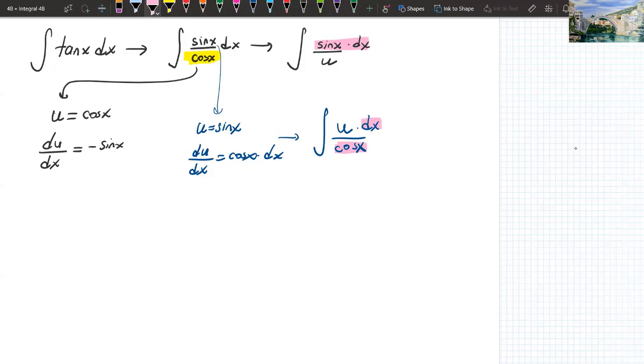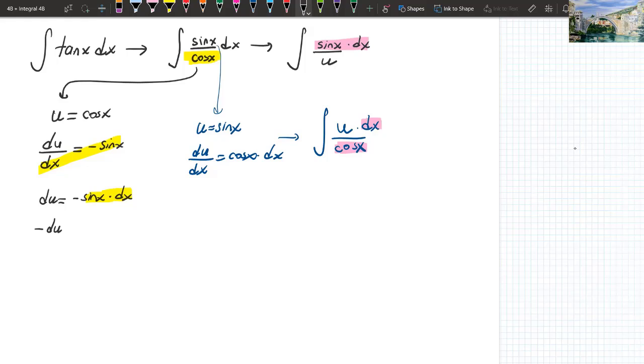Look at the first option. Sine x times dx. Do you see sine x times dx here? Here, du over dx is minus sine x. When you multiply these two, du will be equal to minus sine x times dx. I need only this part.